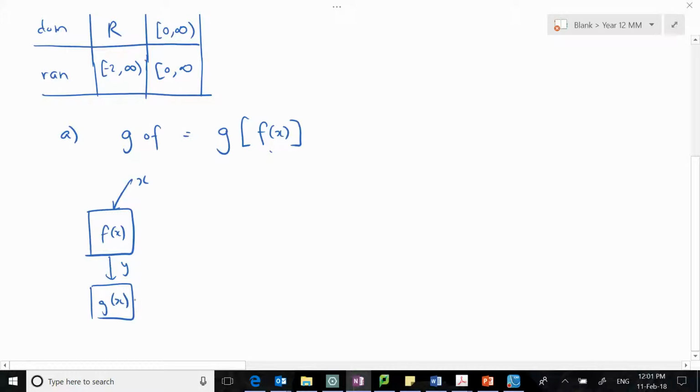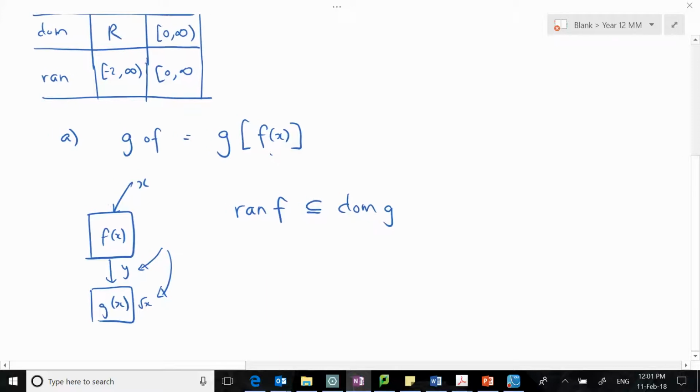Obviously the restriction for a square root function is that it can't square root a negative. So that means the range of f needs to fit the domain of g. When we say needs to fit, we say subset: the range of f must be a subset of the domain of g.